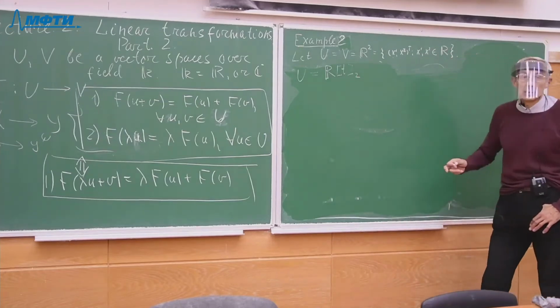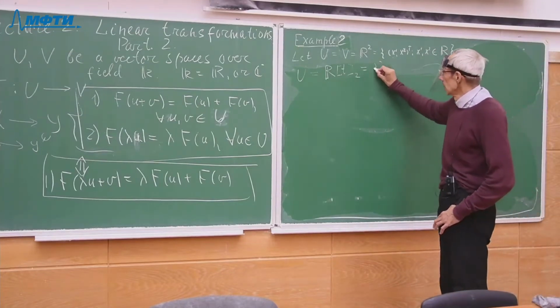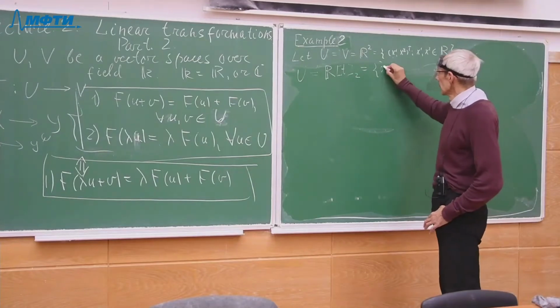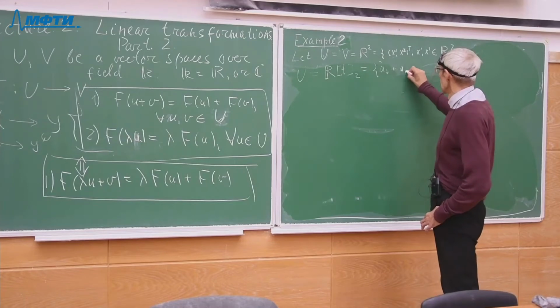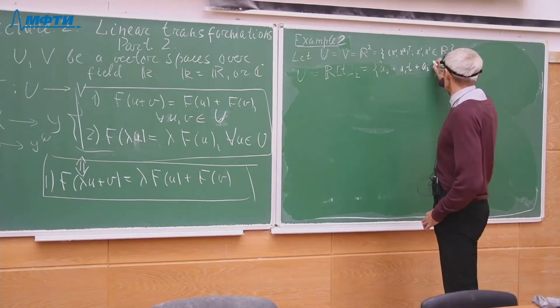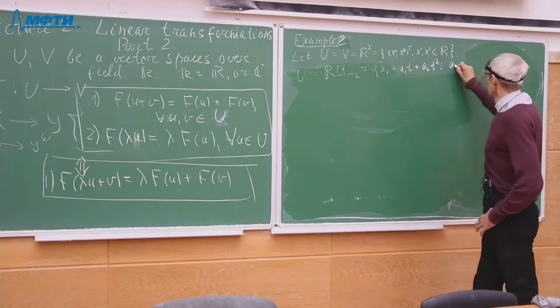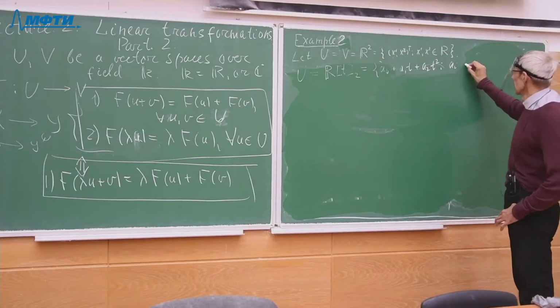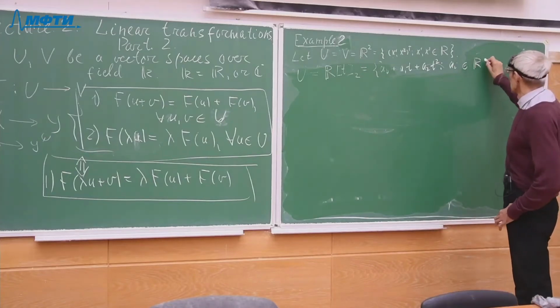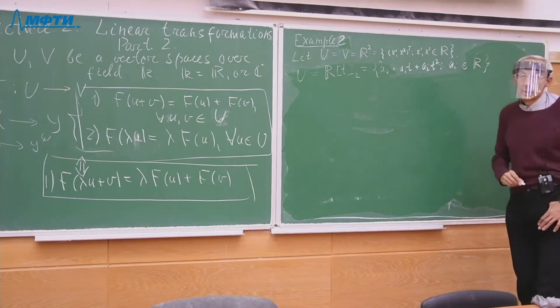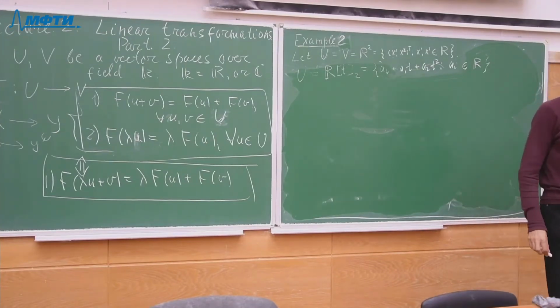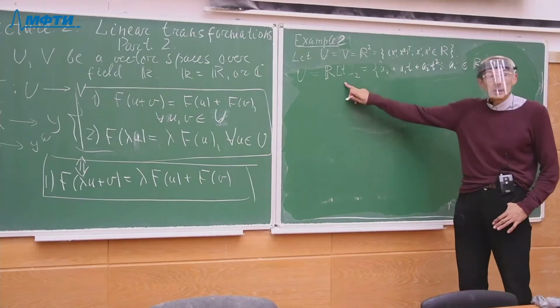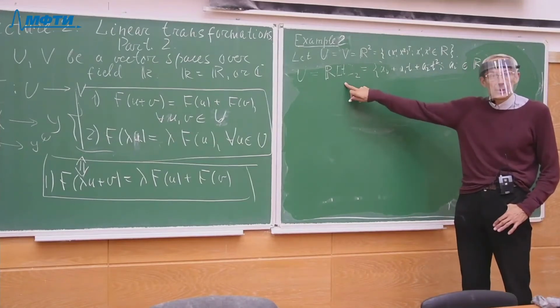The element of this vector space will be a polynomial in the following form: a0 plus a1 t plus a2 t square. The a_i will be some real numbers. We will consider the set of such functions. This function is a polynomial.